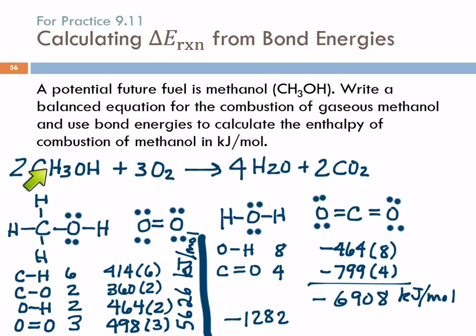But if we want per mole of methanol, this is the amount for 2 moles of methanol. So we need to divide that by 2. So it's minus 641 kilojoules per mole of methanol.